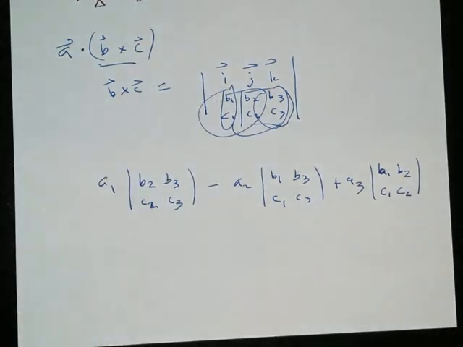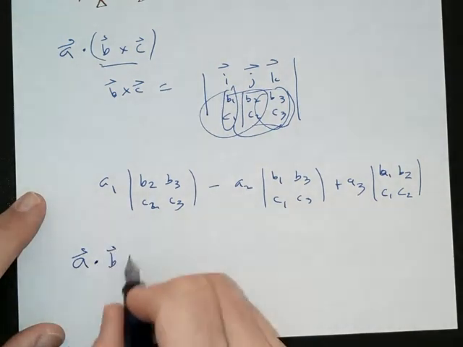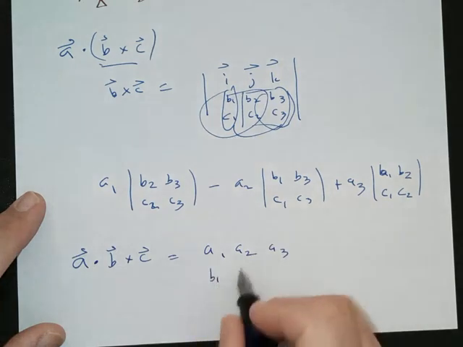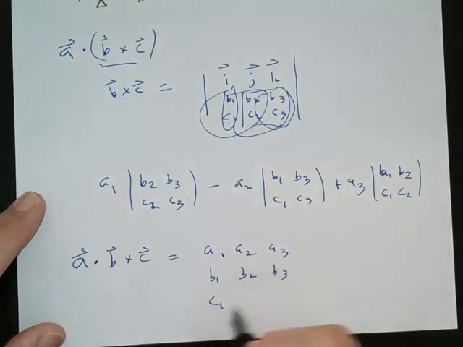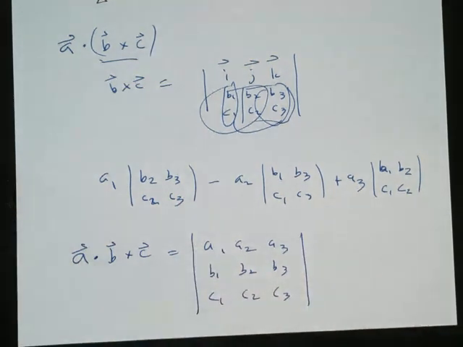Couldn't I just do that by replacing the IJK with A1, A2, and A3? Holy moly, there's an easy way to write this formula as well. It's a determinant. That is a number. That number is called the scalar triple product.